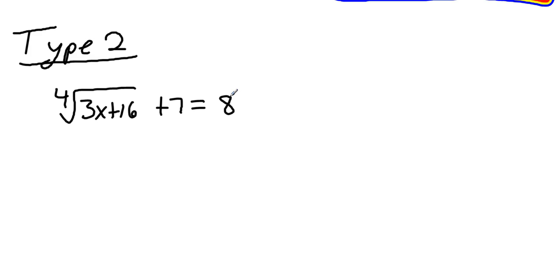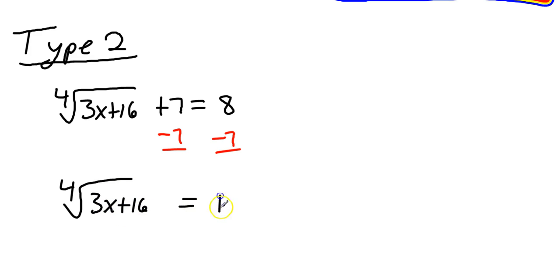Okay, now, as far as how you go through these, they're exactly the same as the problems we did before. If they give you a fourth root or third root or whatever the root's going to be, you still get that root by itself. So you subtract 7. So you're left with the fourth root of 3x plus 16 equals 1.